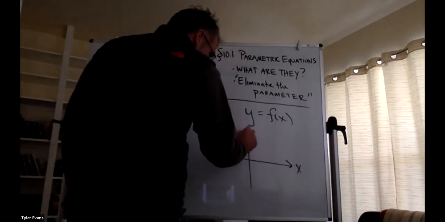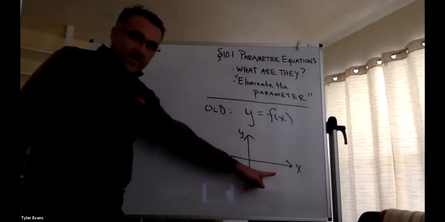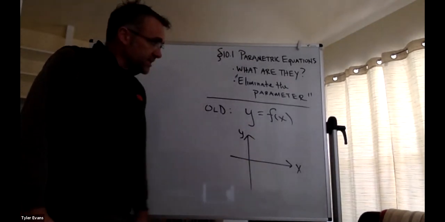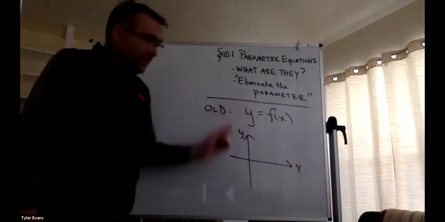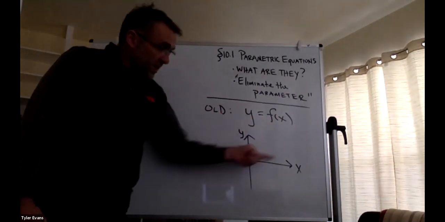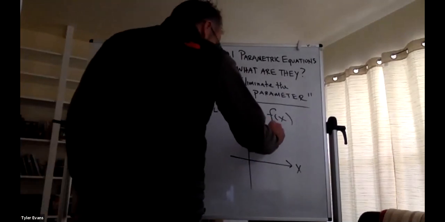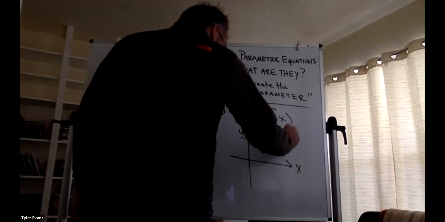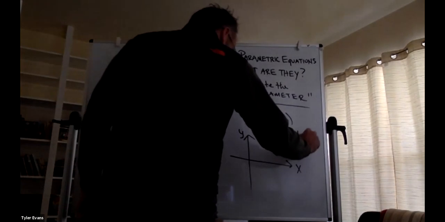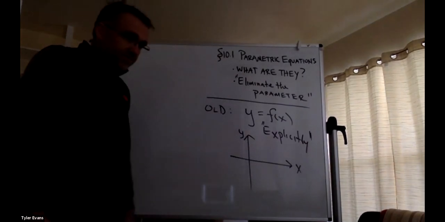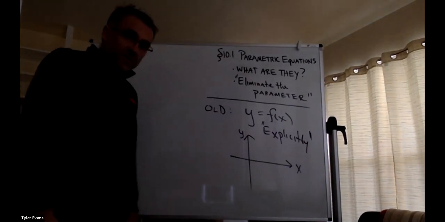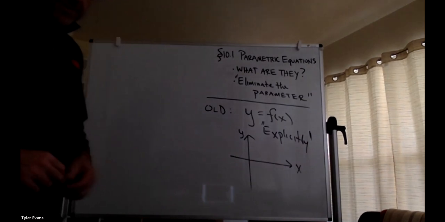One of those axes represents the inputs, the horizontal axis, the X's. And those inputs, when run through the function, determine the Y value. So the Y value is explicitly determined by the X value. That's how we thought about all of our functions in these courses so far.